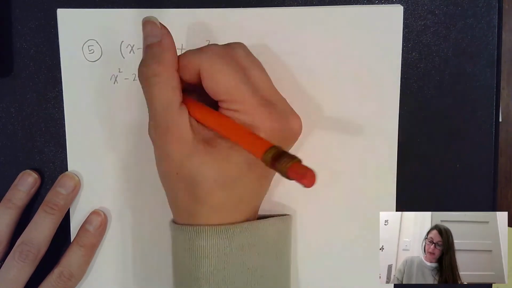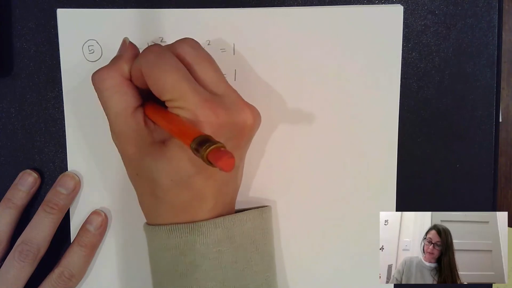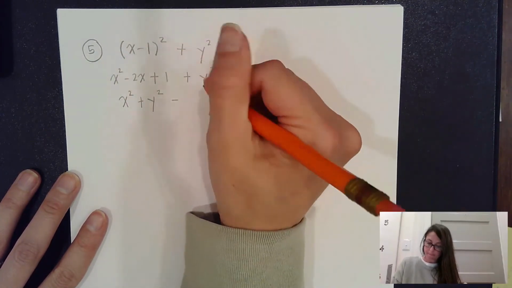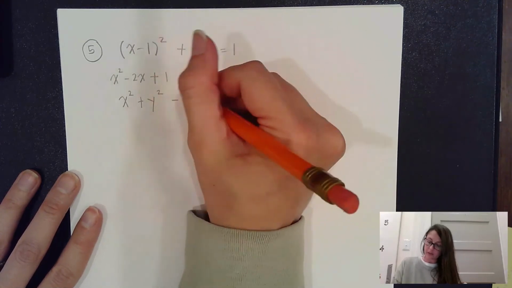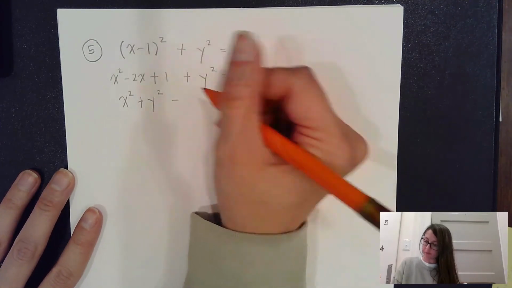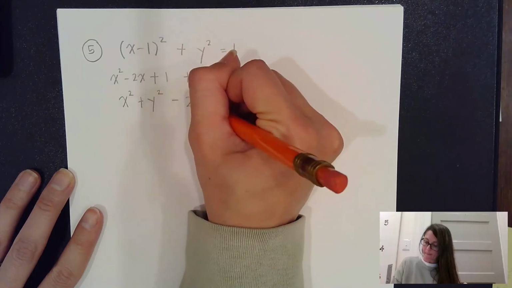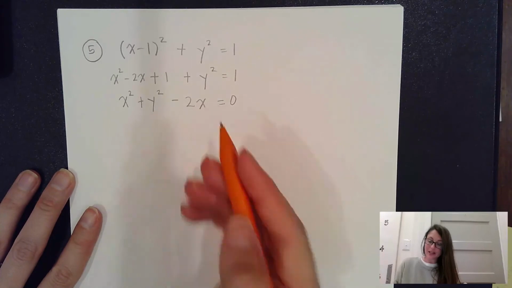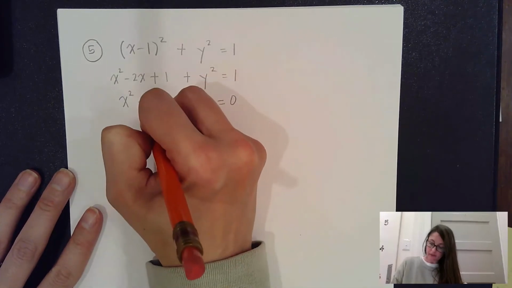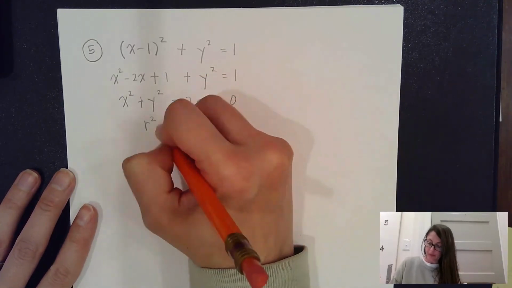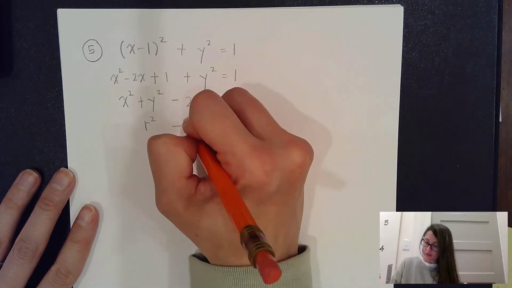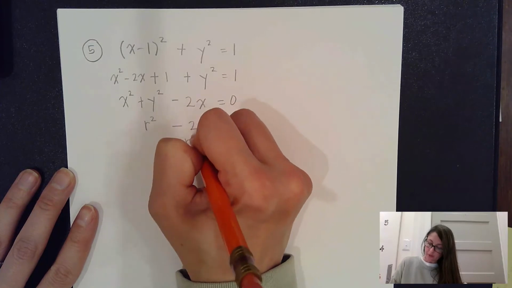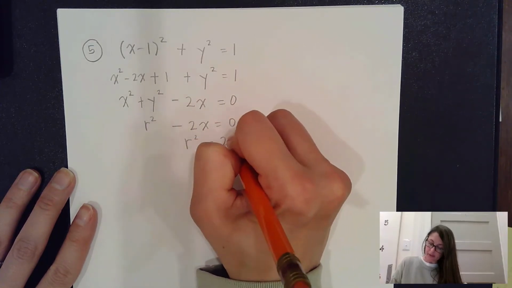The 1's will go away. x squared plus y squared. Oh, and I should have done that on the last one. I wasn't even thinking. x squared plus y squared is r squared. So that would just be an r squared there. And then I'll have r squared minus 2x here. So r squared is going to be equal to 2x.